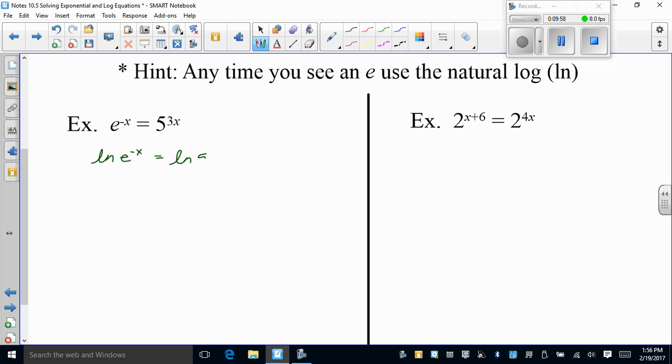Negative x natural log of e equals 3x natural log of 5. This is going to be 1. So I have negative x equals 3x natural log of 5.